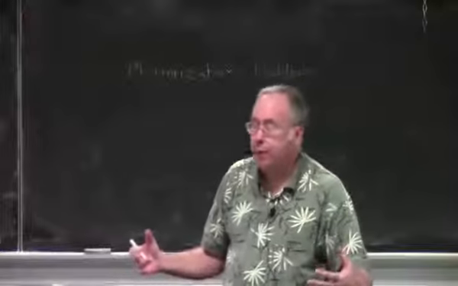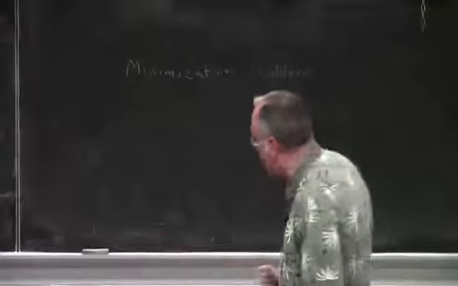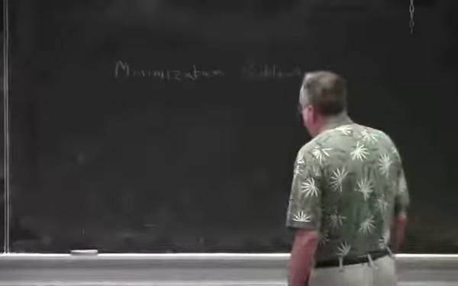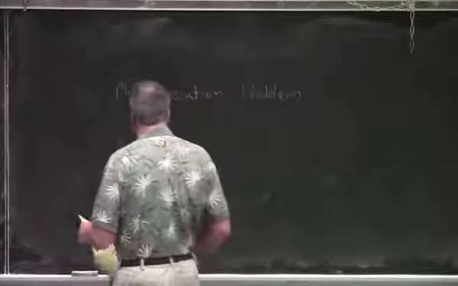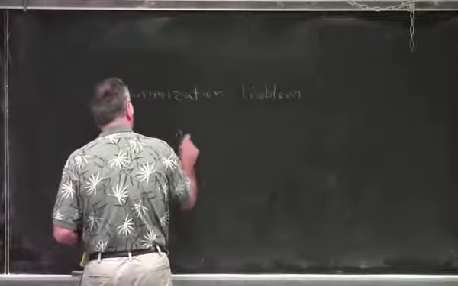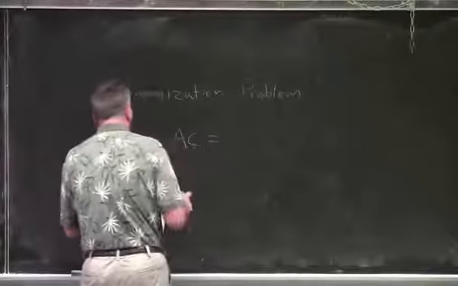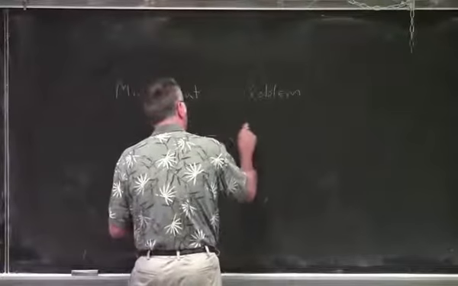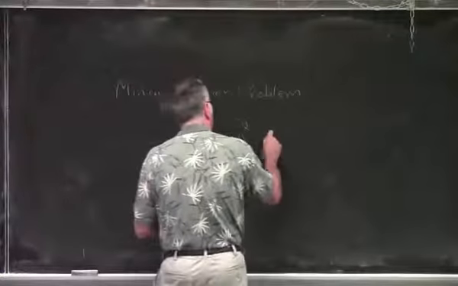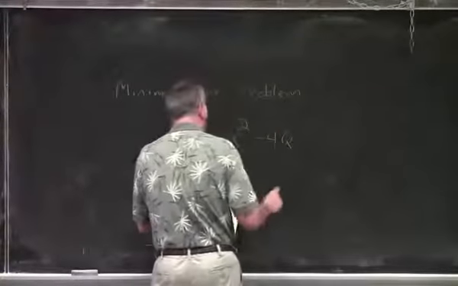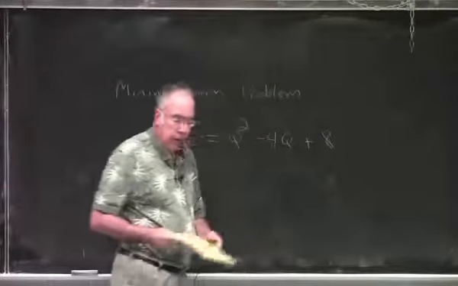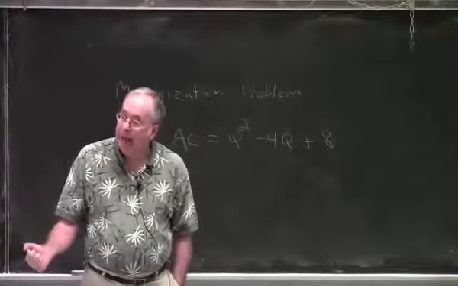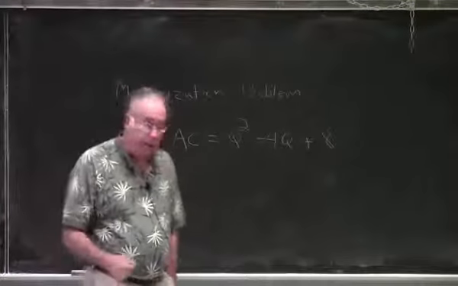Consider a firm with the following average cost function. Average cost for this firm is given by this equation. And you're asked to find the minimum average cost.